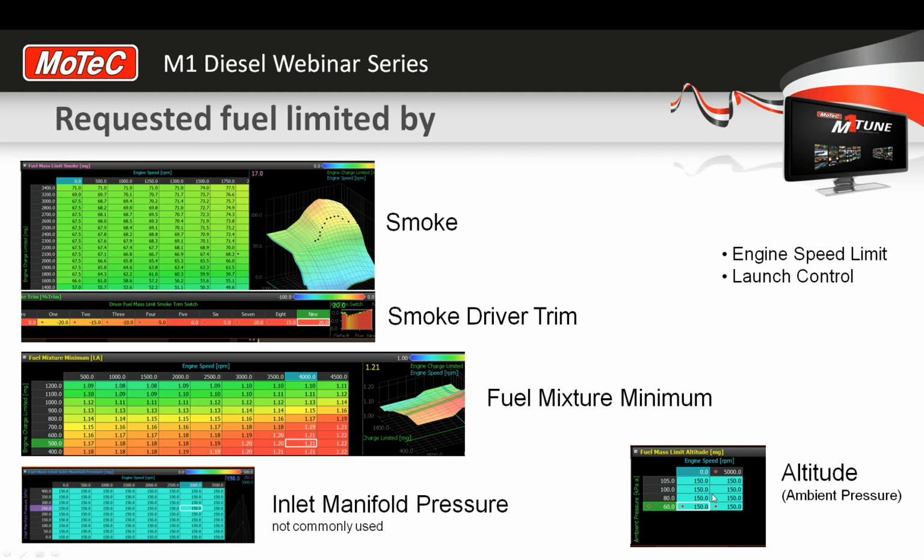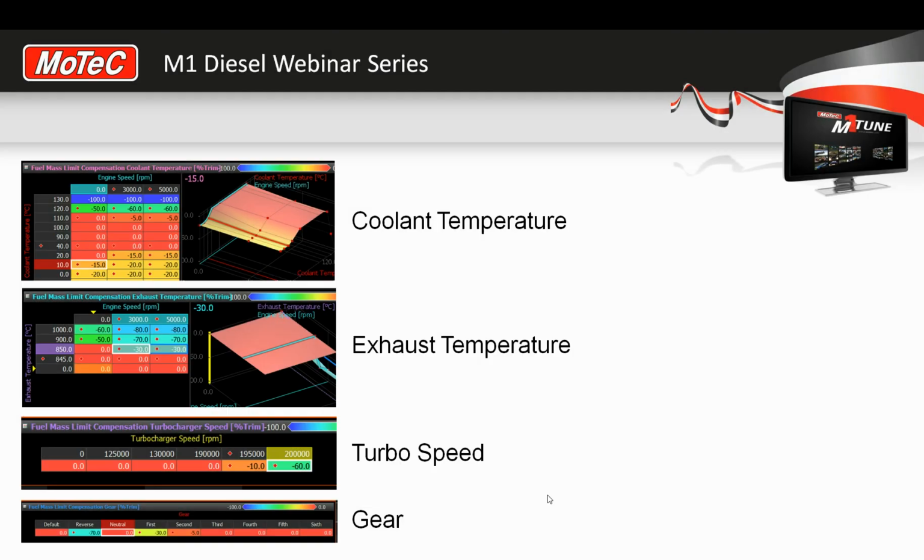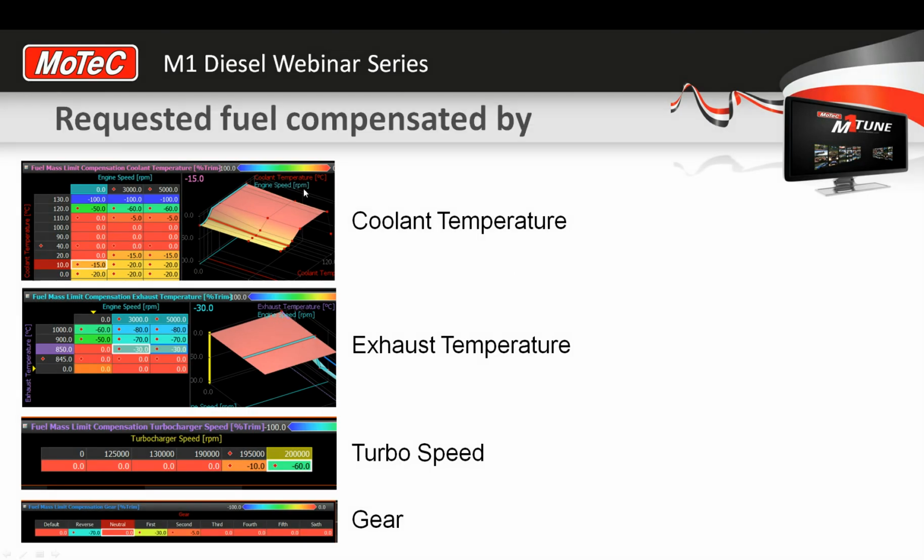Same with my altitude one: unless I'm running Dakar and up in the Andes or somewhere really high where I want to reduce power based on altitude, I put a big number in here and the ECU will never use it. Okay. Alright, and these are then the compensations of the final result of those limit tables.